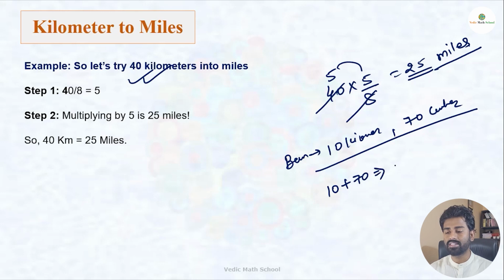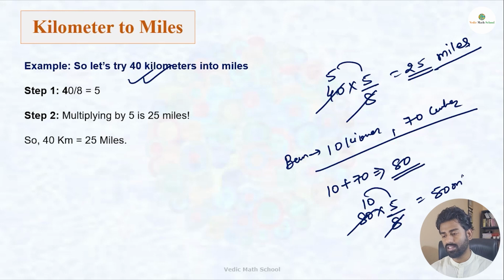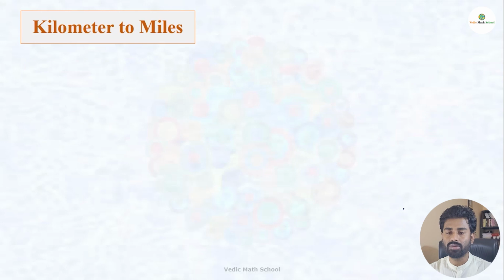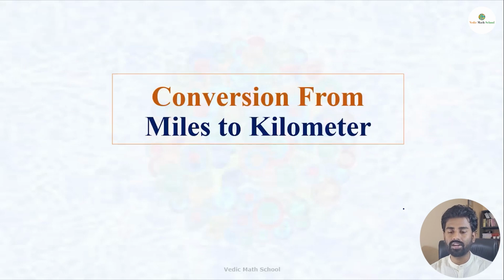If I add it, it will become 80. Now this 80 is going to be converted into miles. So what is the process? 80 is going to be multiplied by 5 by 8. 8 and 8 cancel. This will become 10. 10 into 5 is 50 miles. This is the answer. So this is the kilometer to miles. You will learn it easily. Do the practice. You will find it very easy.